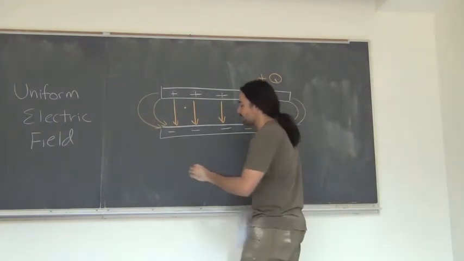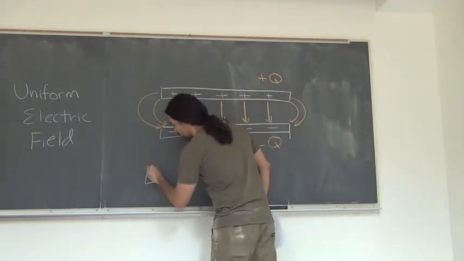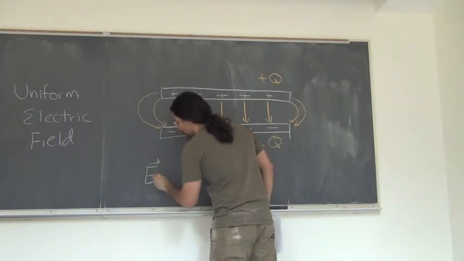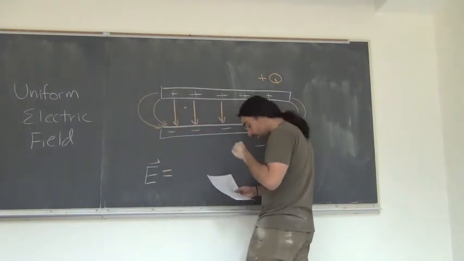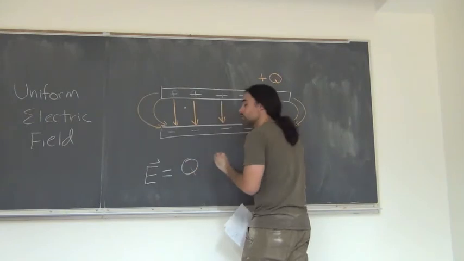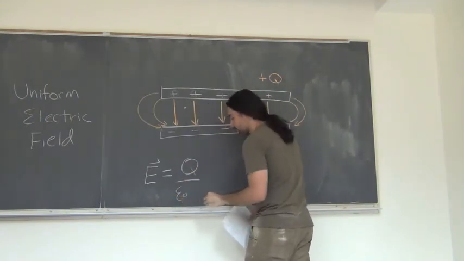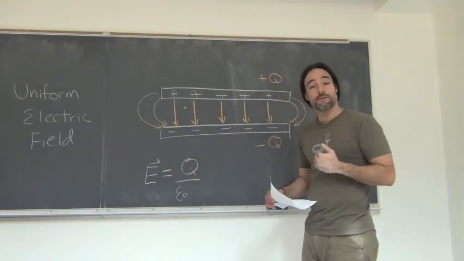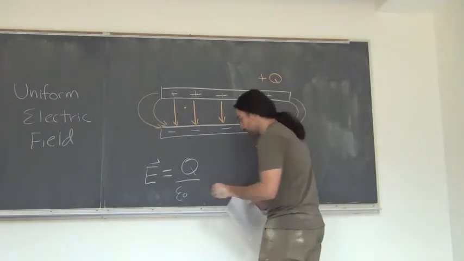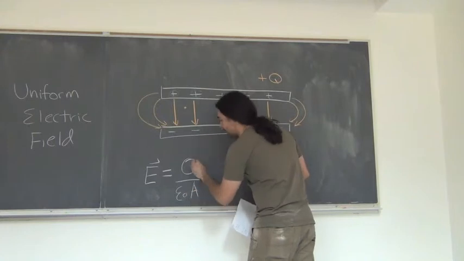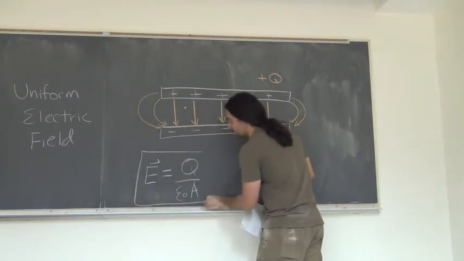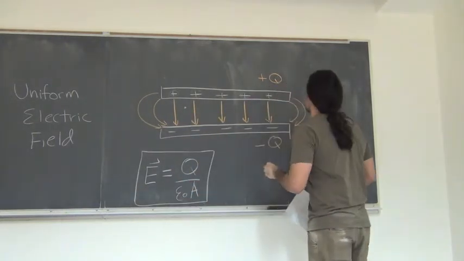And in this case, the electric field will have a magnitude. It's going to be dependent on the magnitude of the charge, divided by epsilon naught. Remember, epsilon naught is the permittivity of free space, divided by A, where A is the area.